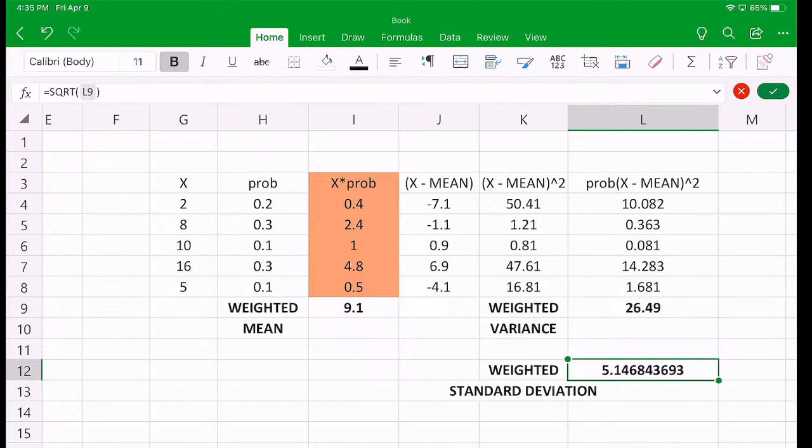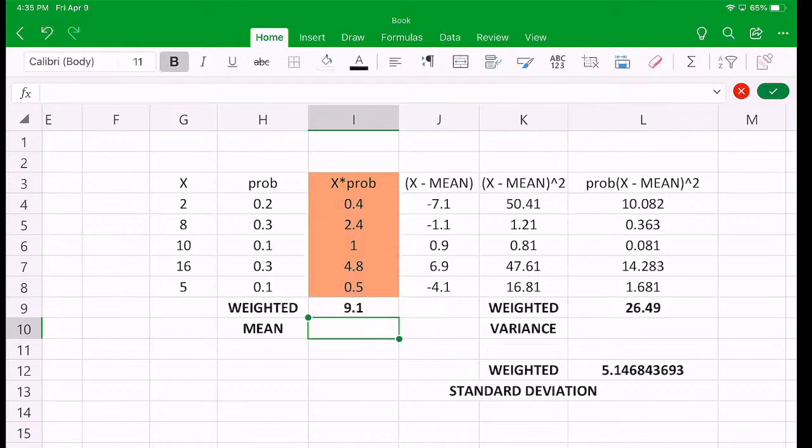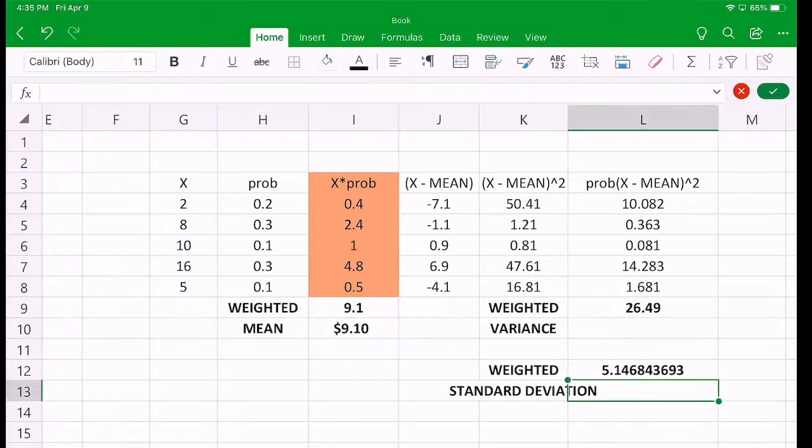So when I present data like this with different probabilities and I refer to it as ex ante, you have to make calculations like this. Now this one is in dollars. And also this one is in dollars.